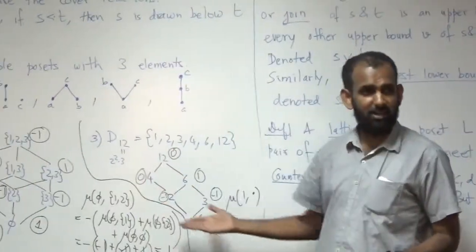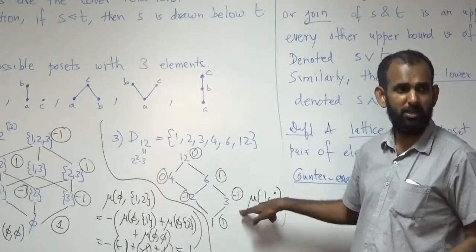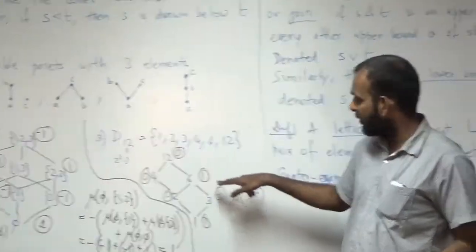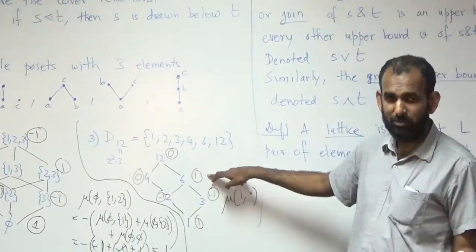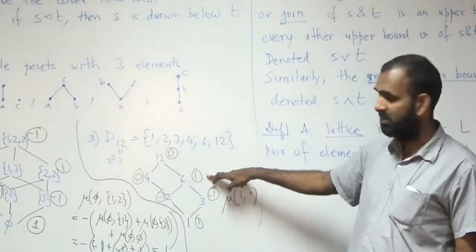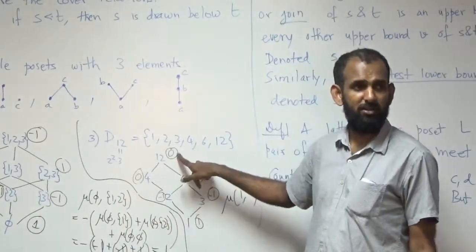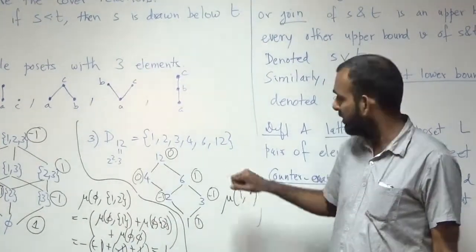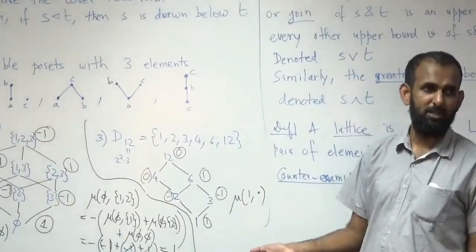You can see this exactly going on here. For primes 2 and 3 it's minus 1. For a square free number which has 2 prime factors, 6, it's plus 1. These two are not square free, they have 0. And this is precisely the Mobius inversion formula in the number theoretic setting.